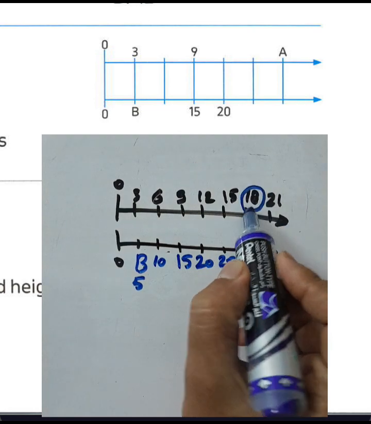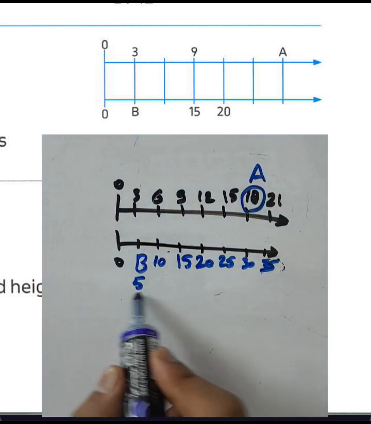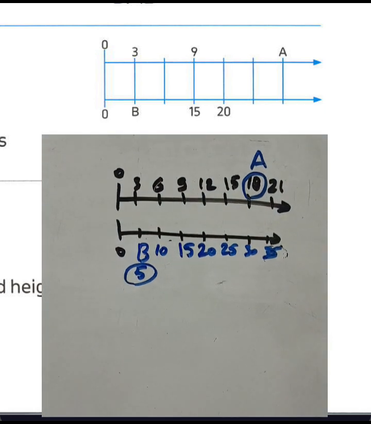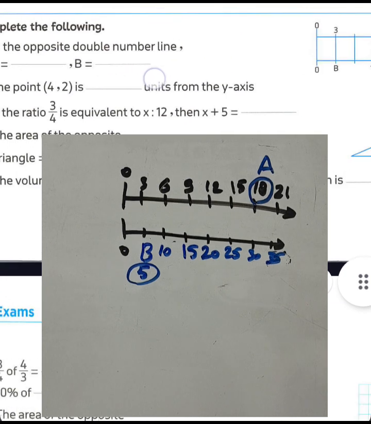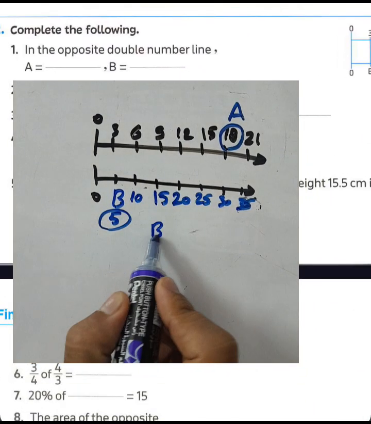The value of A here will be 18. A will be 18 and B equals 5. Okay, understood. A will be equal to 18 and B equals what? B equals 5.